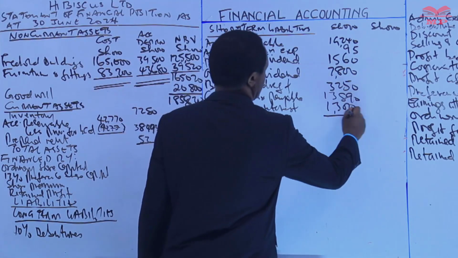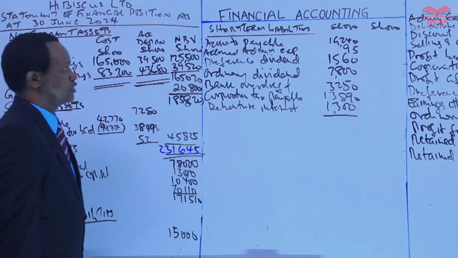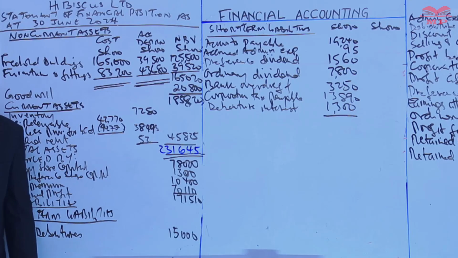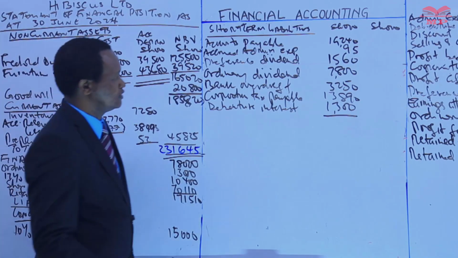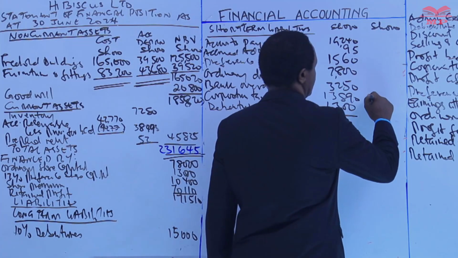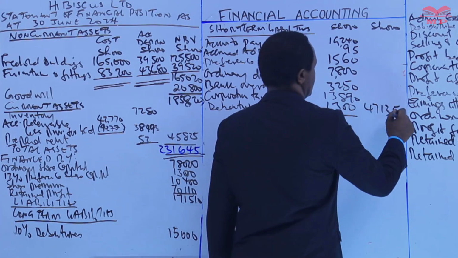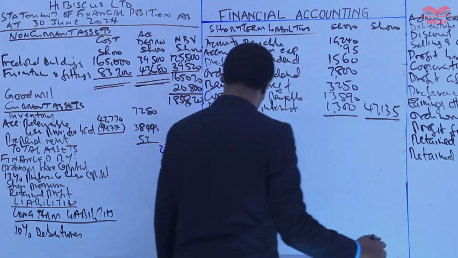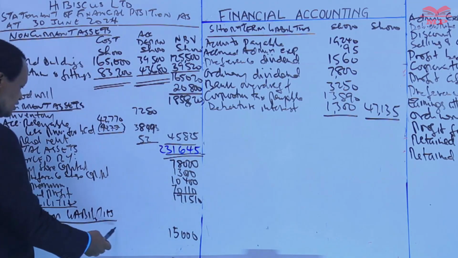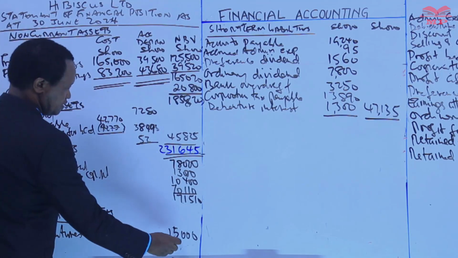So give me this total of short-term liabilities. 47,135.